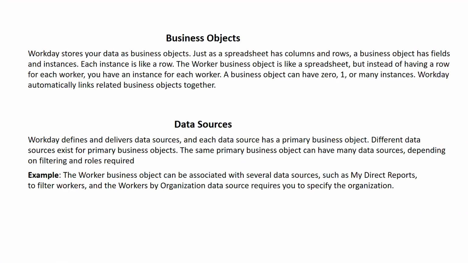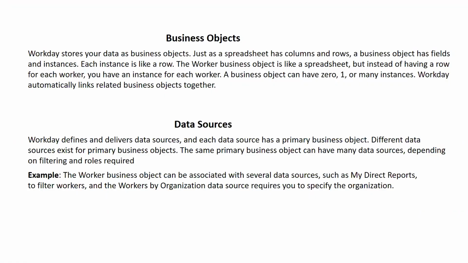So Workday stores your data as a business object. This is the slide you already have seen, let's go through it once again. A business object can be a single instance or a multi-instance, depending on what purpose it is serving. Each Workday delivered data source will have its own business object.